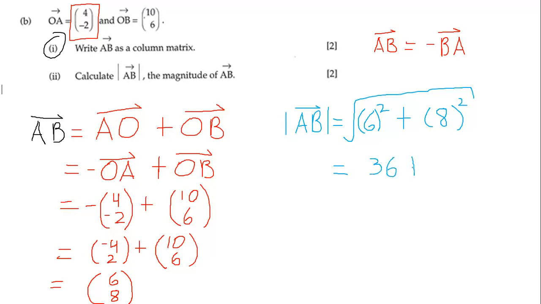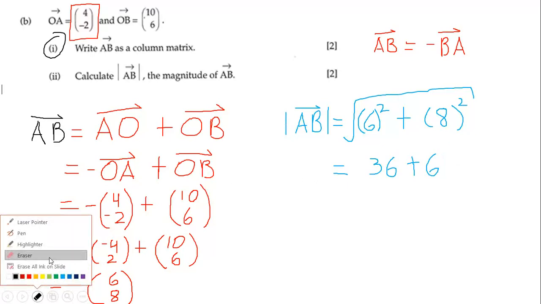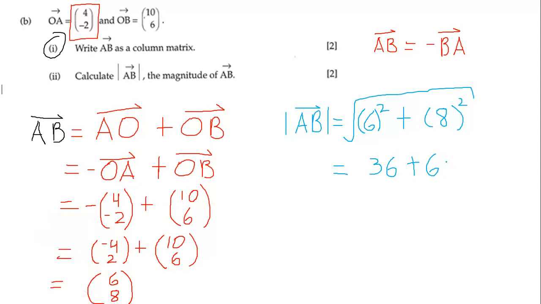Plus, what is 8 times 8? 8 times 8 is indeed 64. So we put the 64 right here below. And then we keep the square root sign.